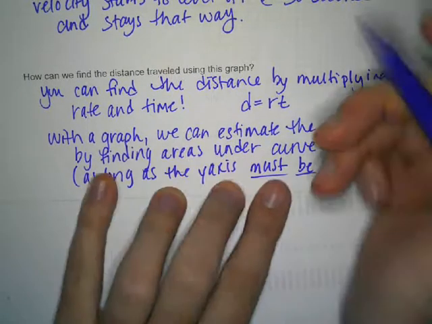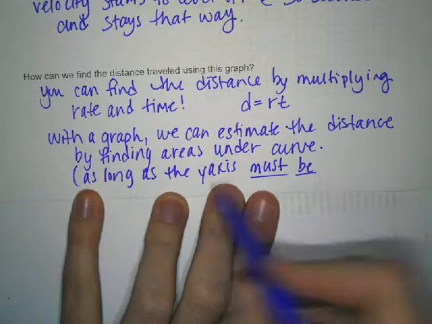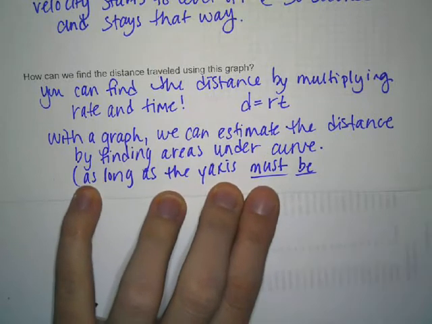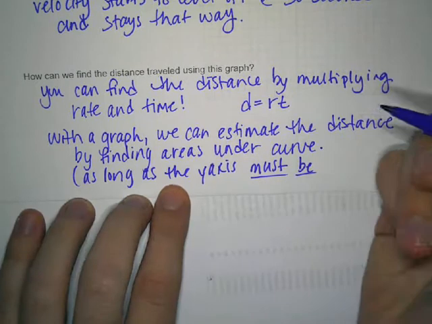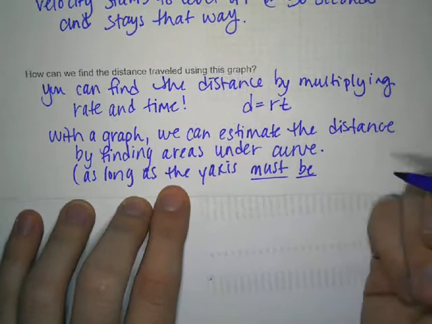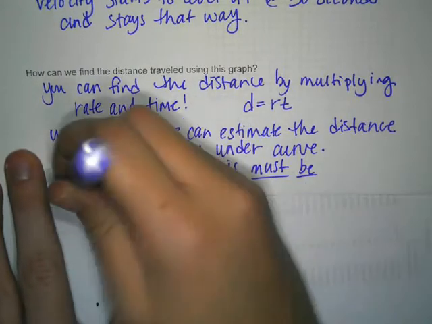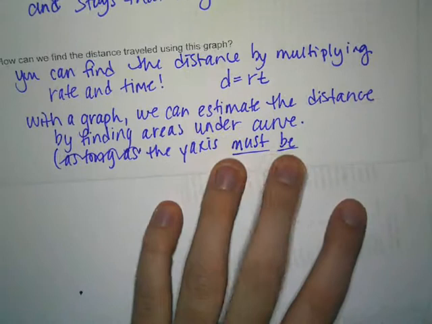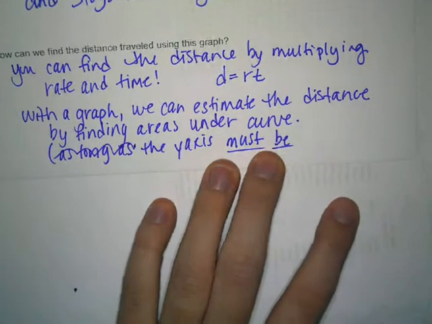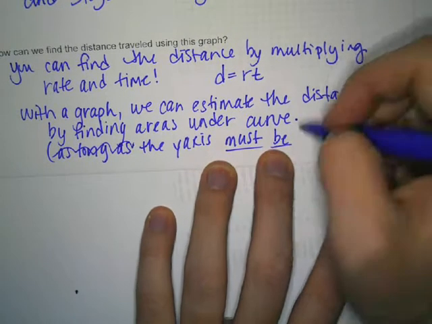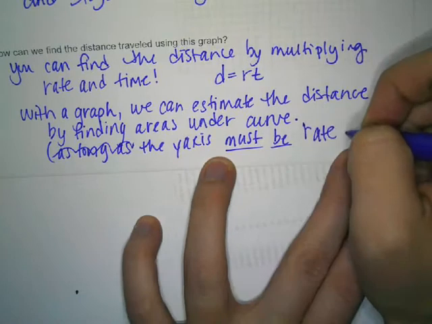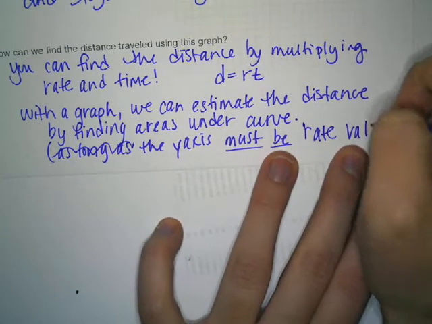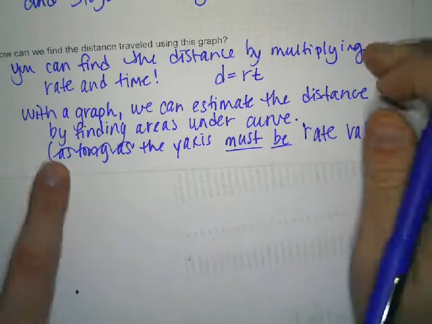So as long as the y-axis, that wasn't good English here. I was copying out what I wrote last year, but then I realized that didn't make sense last year either. Alright, the y-axis must be a rate value. And then what must the x-axis be?